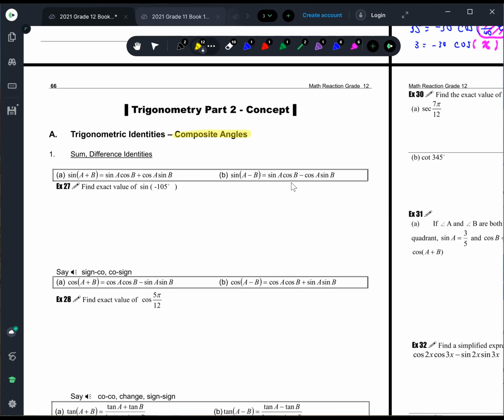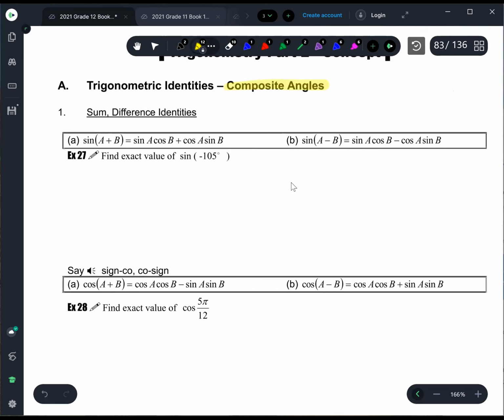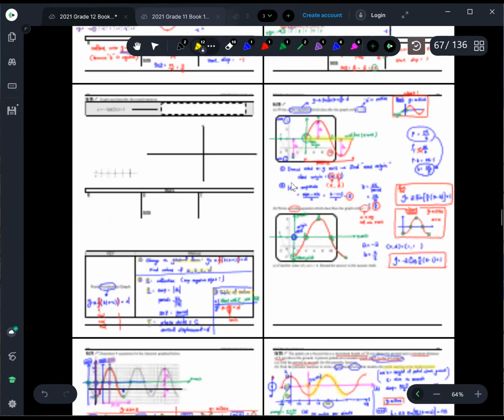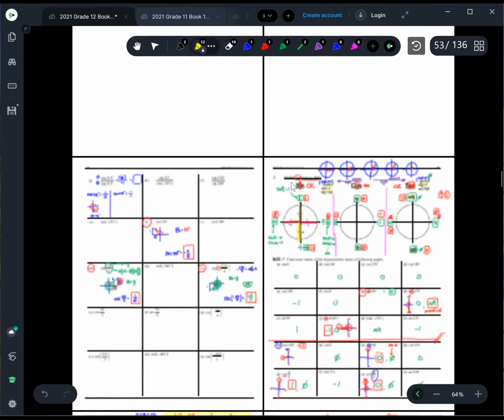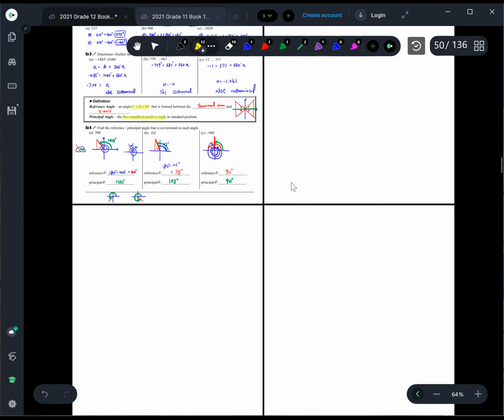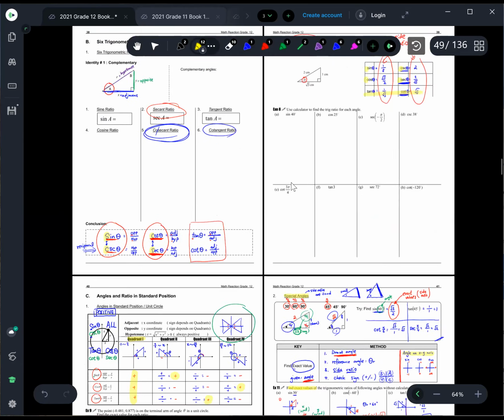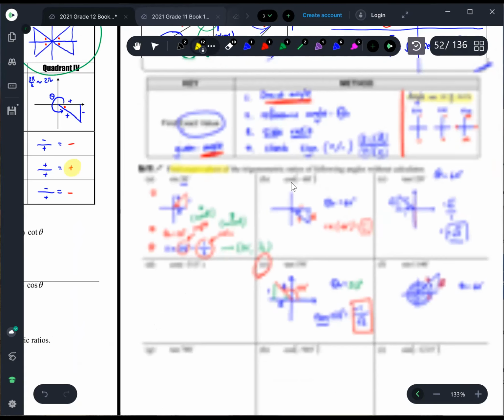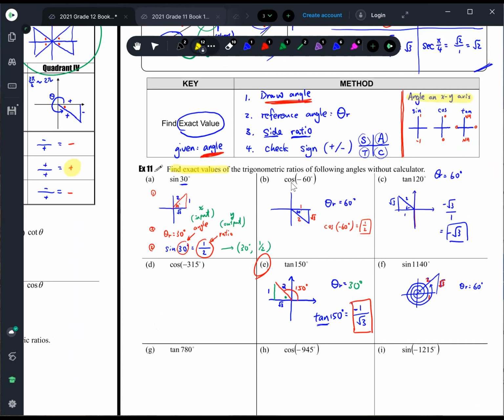The question they ask you to do is to find exact value, right? That's why I asked you to review that during the break. If we go back and take a look, if we want to find exact value, the first thing is you have to draw the angle out.